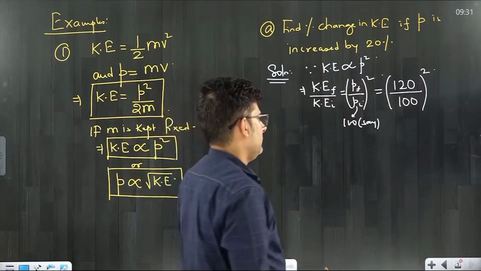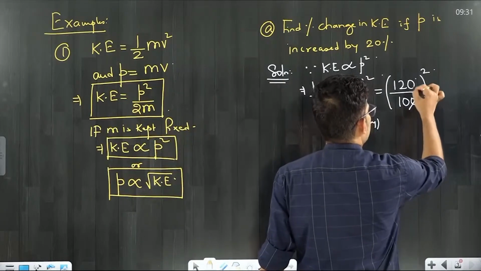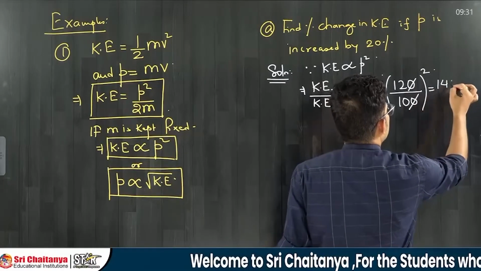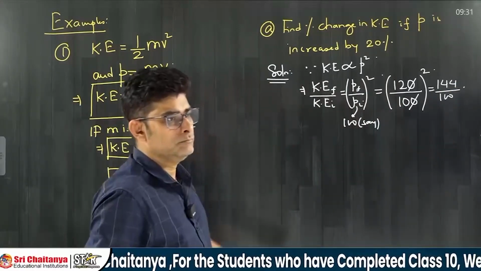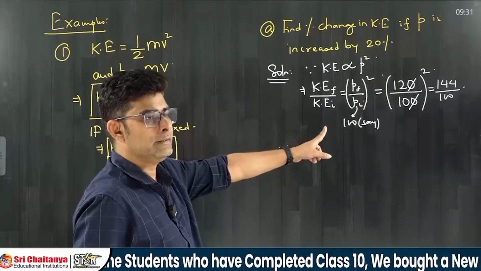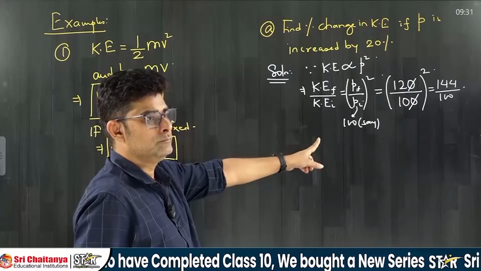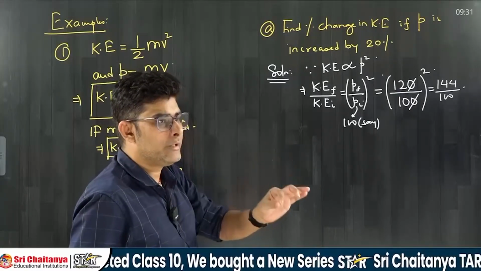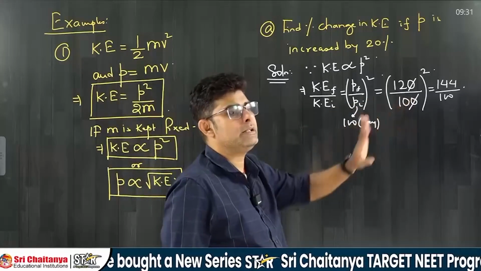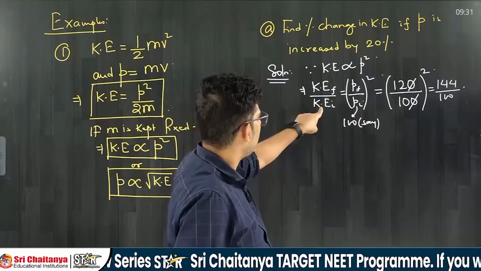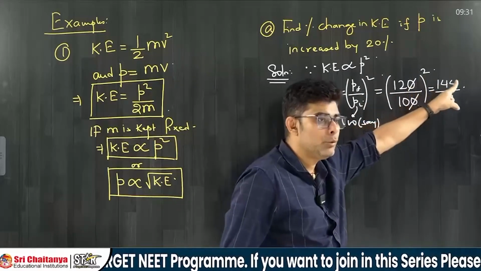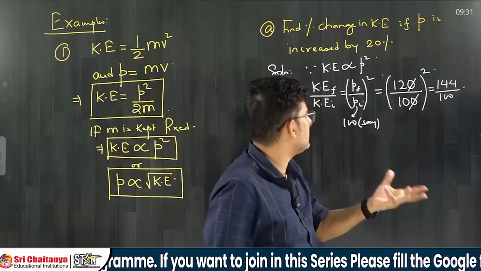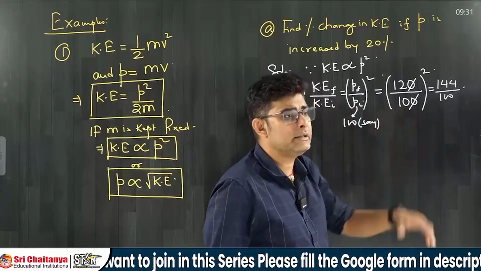Clear? Yes. Now see, this becomes how much? 144 by 100. Is it clear? Now with the blink of an eye, I can say what is the change in kinetic energy. What is the initial kinetic energy? 100. What is the final kinetic energy? 144. So how much did the kinetic energy increase?